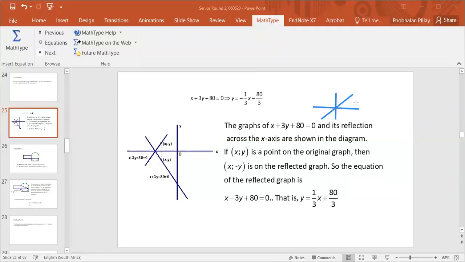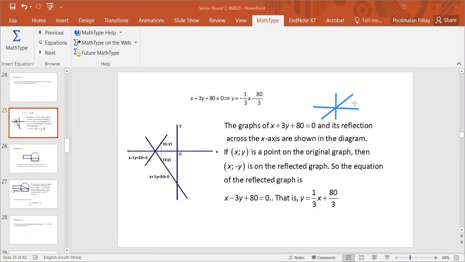Now when you reflect a point across y equals x, a nice thing happens. If I got, say, 2, 3, and I reflect it across this line, the 2, 3 becomes 3, 2. You switch the roles of x and y.